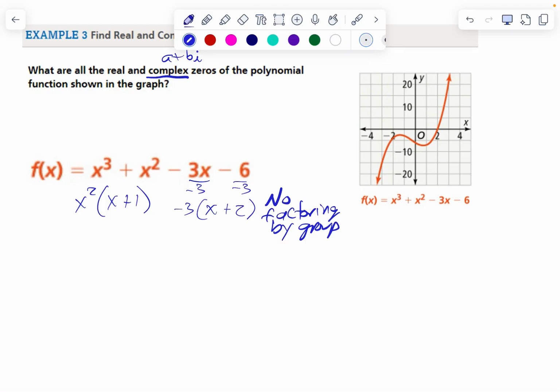Okay, well, good news. We don't have to in this case because we're given a 0. Do you see that? What's the given 0? Who cares? We have a 0.